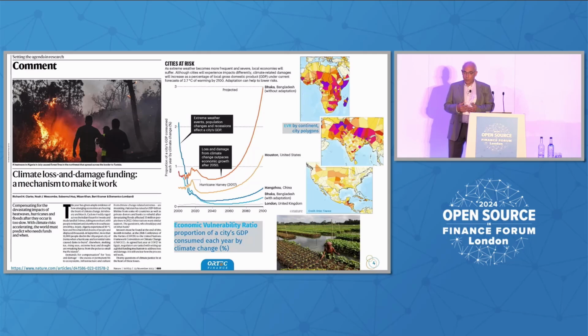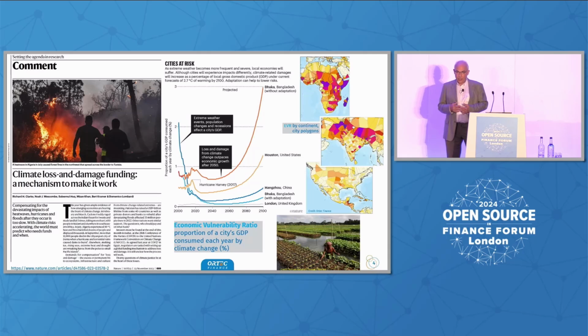As we move out, if we look at Dhaka, the capital of Bangladesh, in Bangladesh there's been huge efforts at adaptation, both in cities but also in agriculture and in sea level rise protection and typhoon protection as well. And because of that, the city of Dhaka has been able to improve its likely outcome in terms of the economic impacts of climate change.